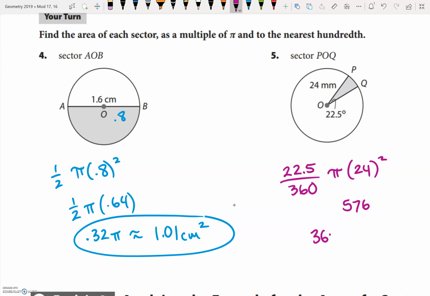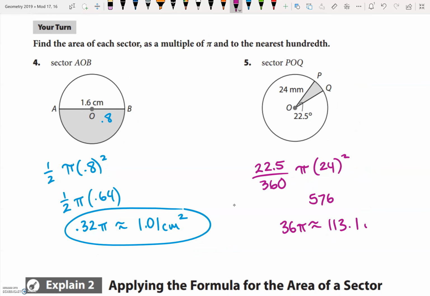It's going to be 36 pi, which is approximately 113.1 millimeters squared. Make sure to put your units squared.